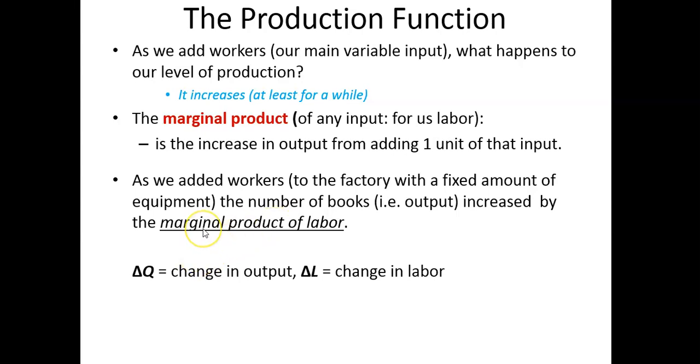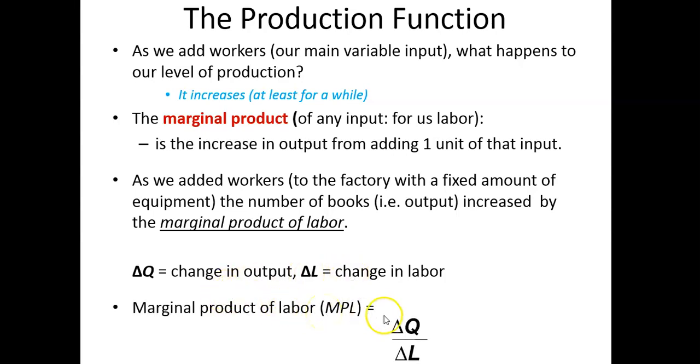how many extra books can we produce every time we add an extra worker? So if we define, making it a formula, delta, often the symbol representing change, the change in quantity of output, delta Q, over the change in quantity of workers, delta L. So the marginal product of labor is the change in quantity of output, in this case how many more books we can produce as we change the number of workers.